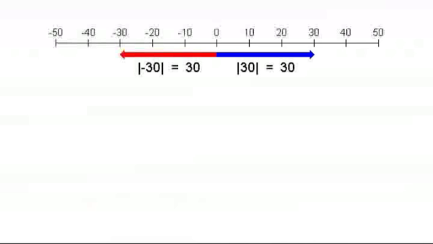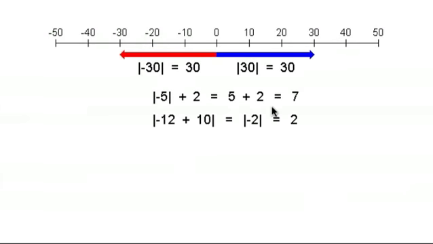The absolute value of a number is its distance from 0. So the absolute value of a positive 30 is 30, but the absolute value of a negative 30 is also 30 because it's a distance of 30 from 0. The absolute value operation is indicated by two vertical lines. You take the positive value of what's inside the vertical lines.